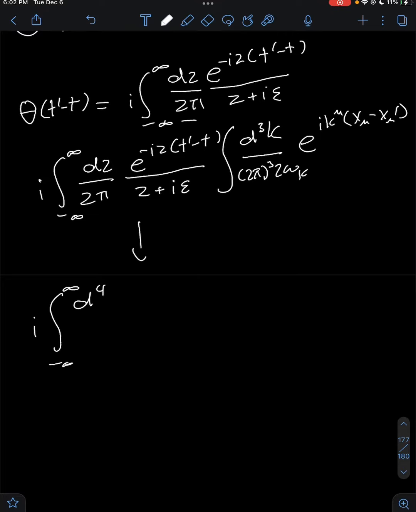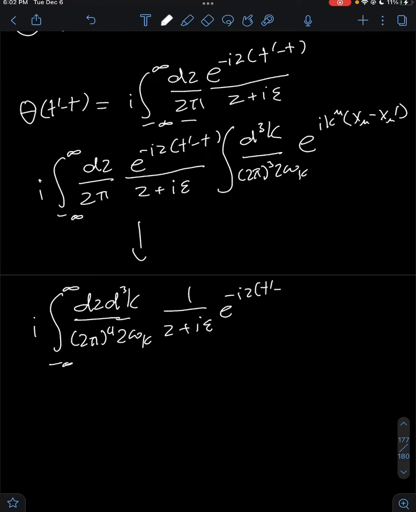We're gonna have dz d3k over 2 pi cubed 2 omega k, right? 1 over z plus i epsilon, e to the minus i z (t prime minus t), e to the i k mu (x mu minus x mu prime).